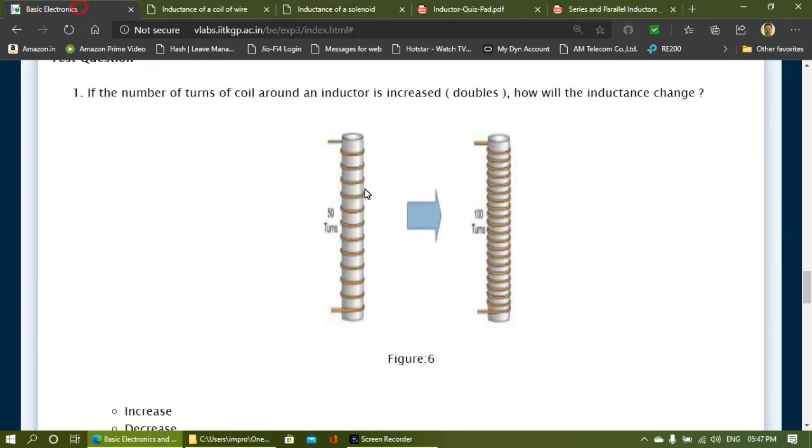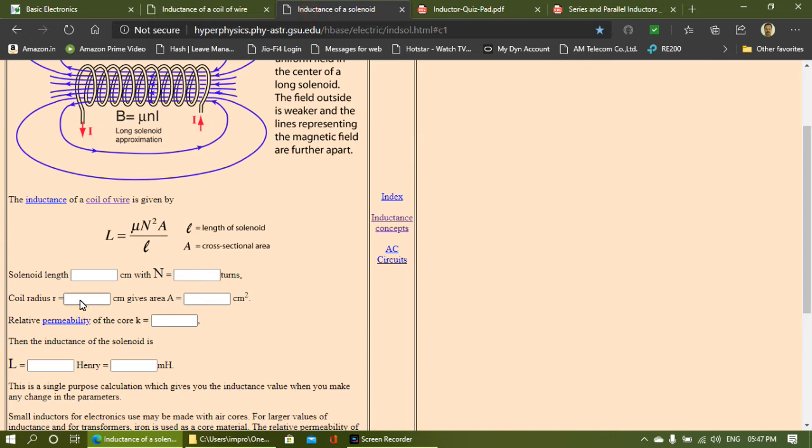So for the first case, here the coil has 50 turns, this coil has 100 turns. We will see what will happen if we change the number of turns while keeping all other properties constant.